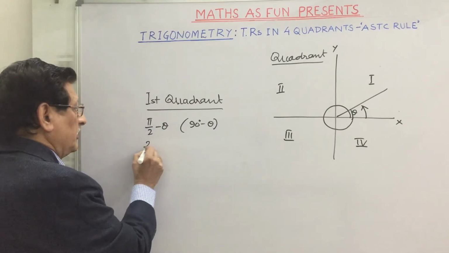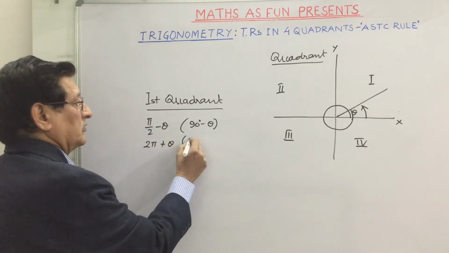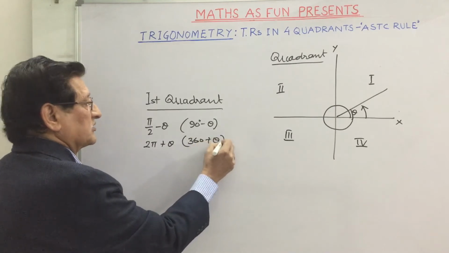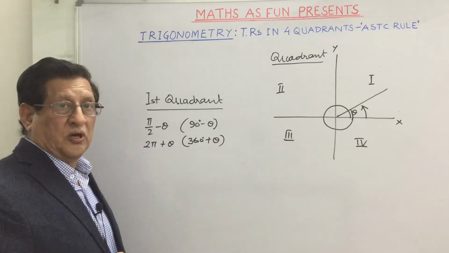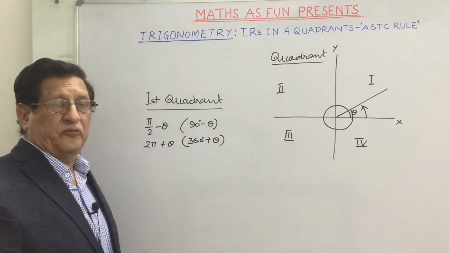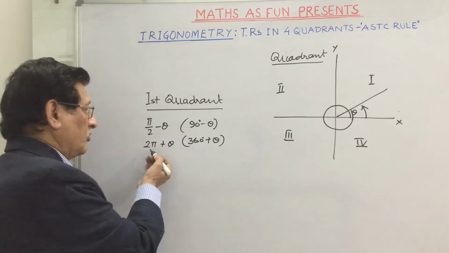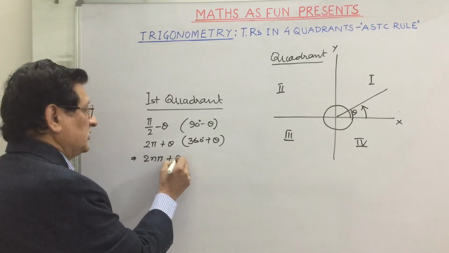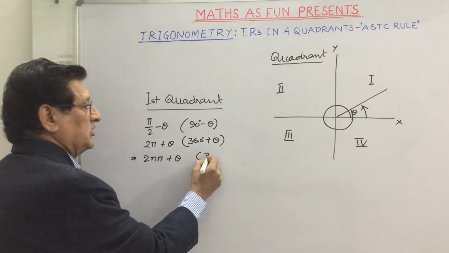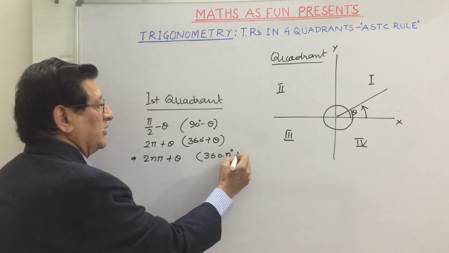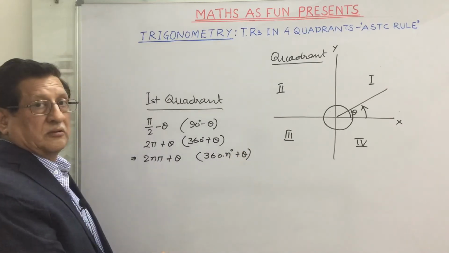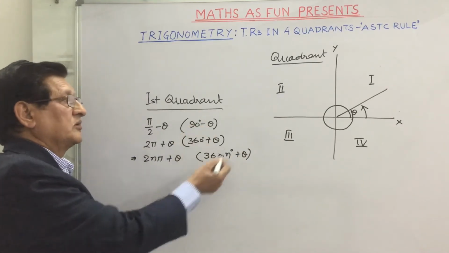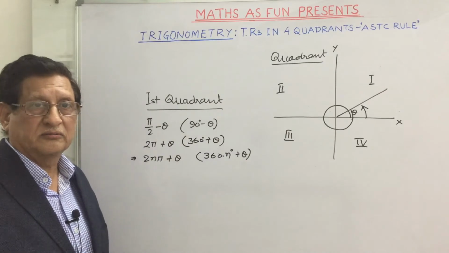So we can say here 2 pi plus theta, this is 360 plus theta in degrees, or we can take any multiple of 360 degrees or 2 pi. So we can also say 2n pi plus theta or 360 into n degrees plus theta. In such cases the radius vector will be lying in the first quadrant.